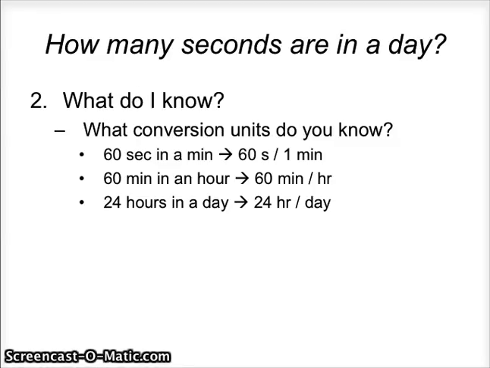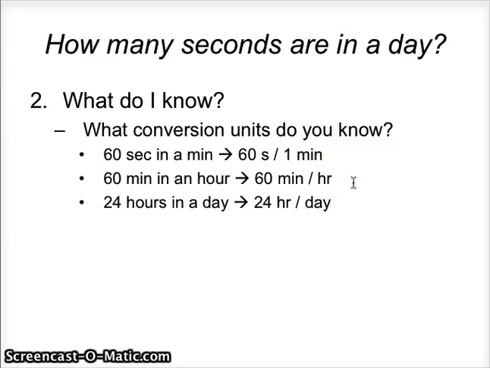So then what do you know? Well, first of all, you have some background information already. You know that in a minute there are 60 seconds. To write it as a kind of equation, so to speak, you'll write it as 60 seconds per 1 minute. And you know that there are 60 minutes in 1 hour, so you can write it as 60 minutes per hour.